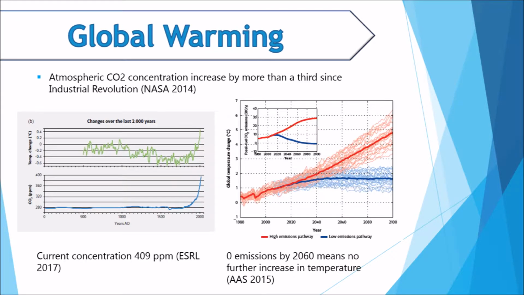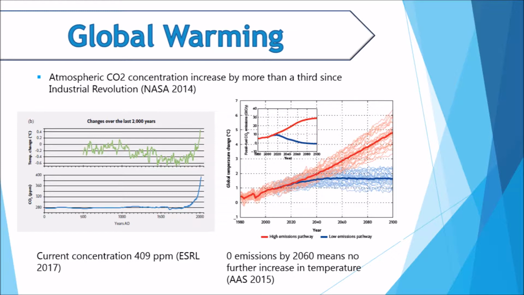By burning fossil fuels, humans are releasing massive amounts of carbon dioxide into the atmosphere every day. The concentration of carbon dioxide in the atmosphere has increased by more than a third since the start of the Industrial Revolution. The data from the centuries prior to this shows that the concentration of carbon dioxide remained relatively stable at about 280 parts per million.